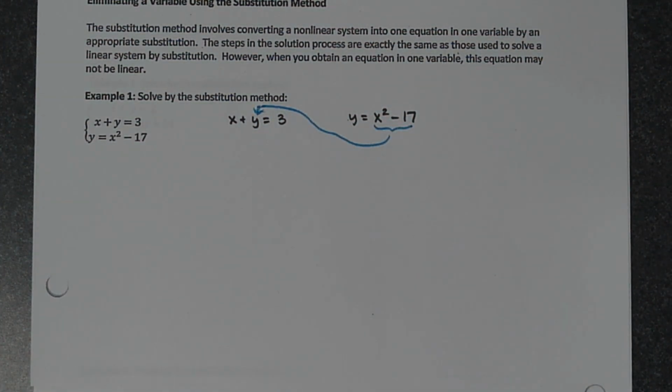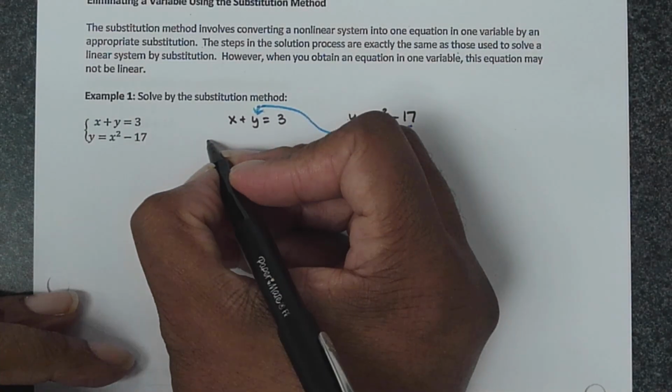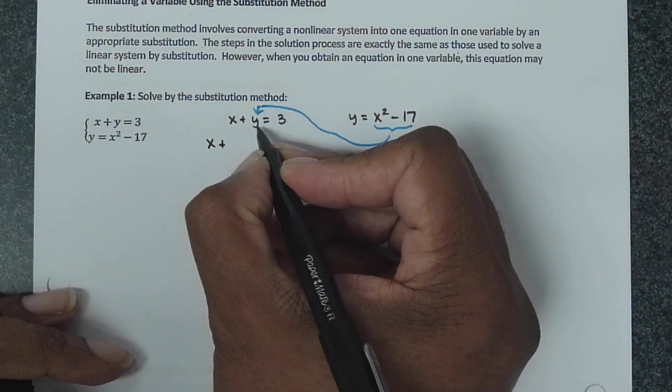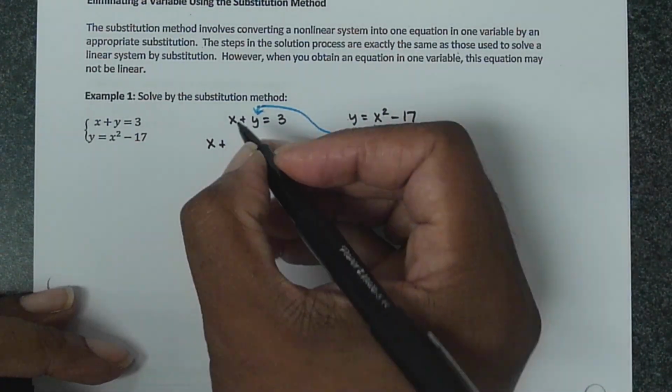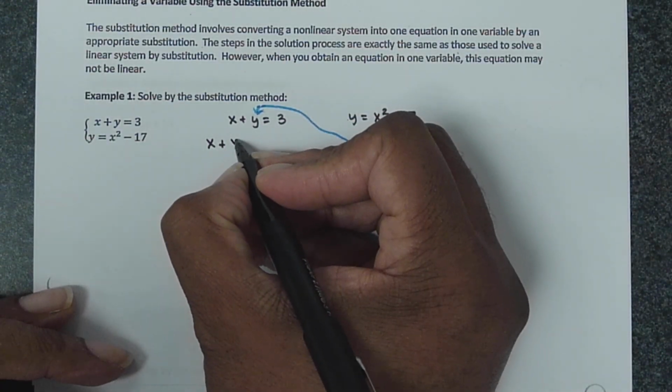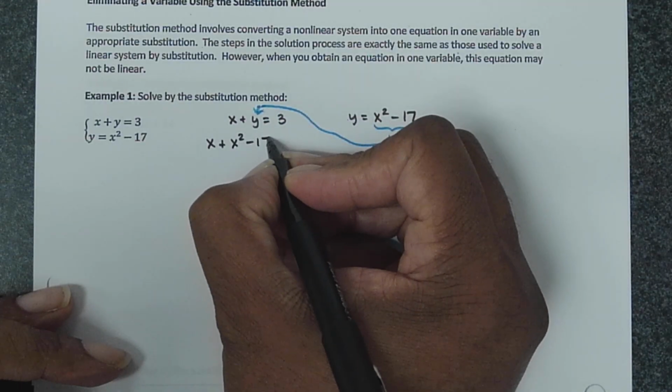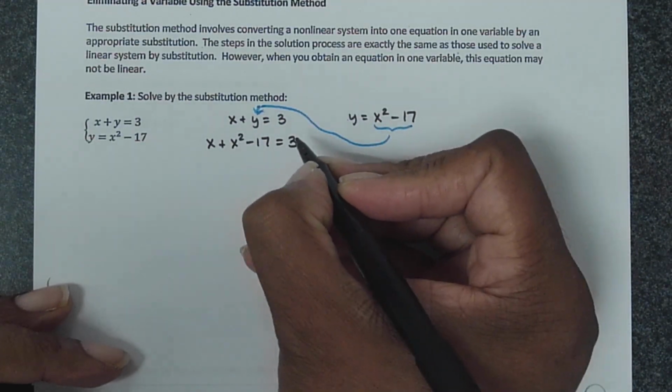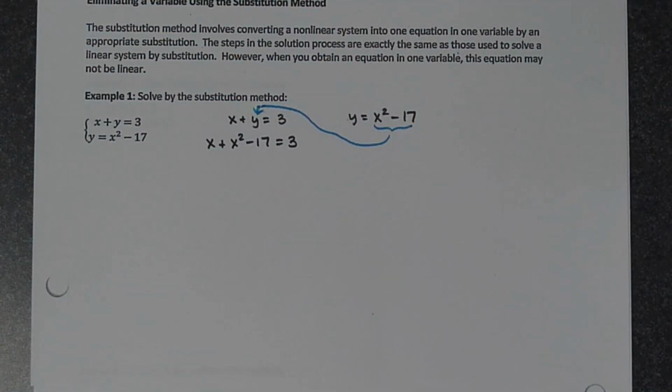That way I will have an equation in one variable, but it doesn't have to be linear. It's not going to be linear in this case. So I'm going to bring down the x, and then plus this y will be substituted with the x squared minus 17, because that's what y is equal to. And that's going to be equal to 3.